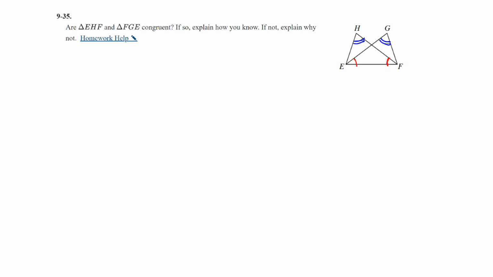And we also know that this side is congruent to itself by the reflexive property. So therefore, we have angle, side. Same thing here, angle, side. So yes, they are congruent by angle, side congruency.